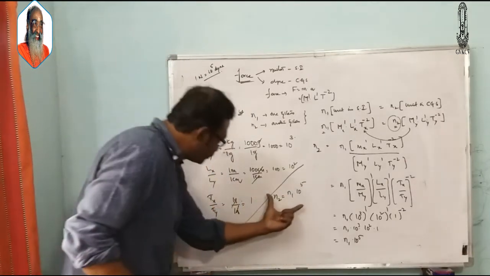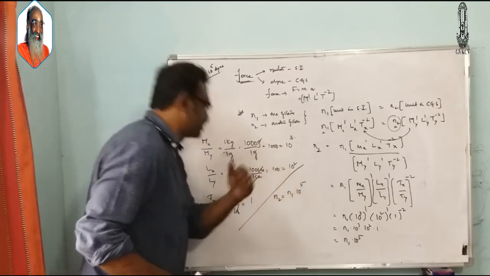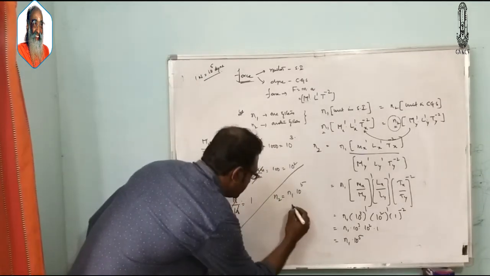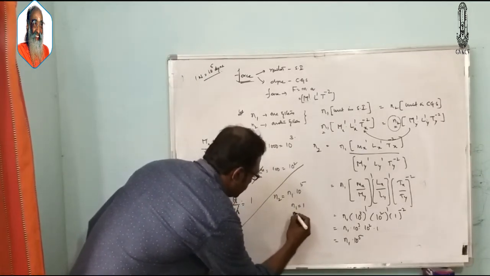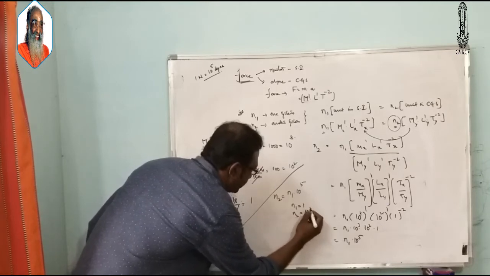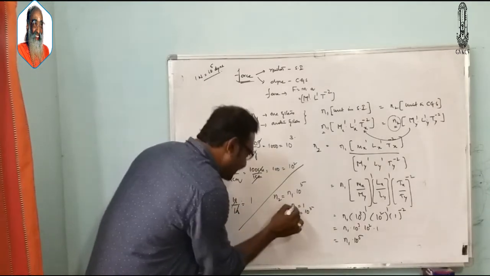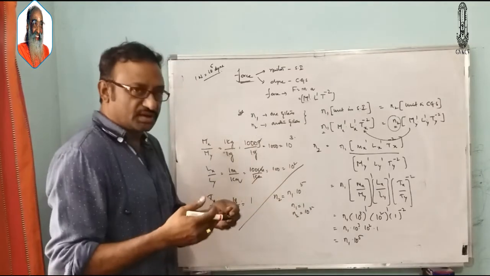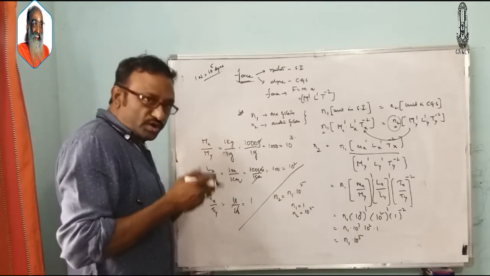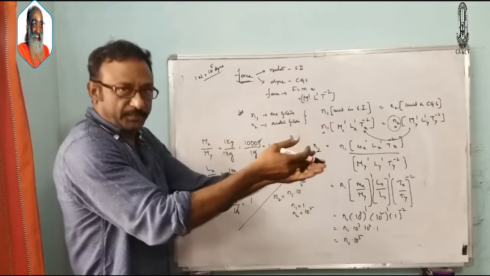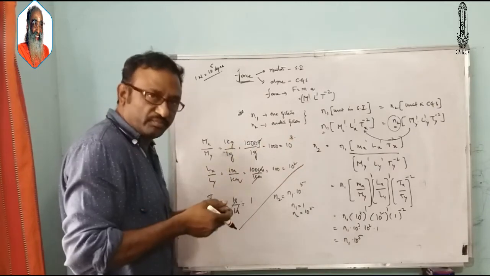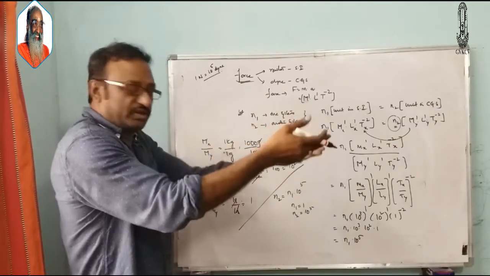So from this, how do we write an expression for our conversion? If n1 is equal to 1, then n2 is equal to 10 to the power of 5. Suppose you want to write the expression saying 1 unit in this system is equal to how many units in the other system.